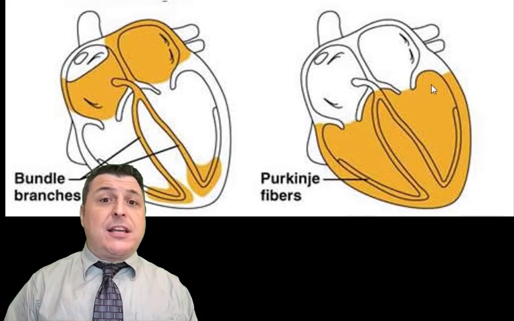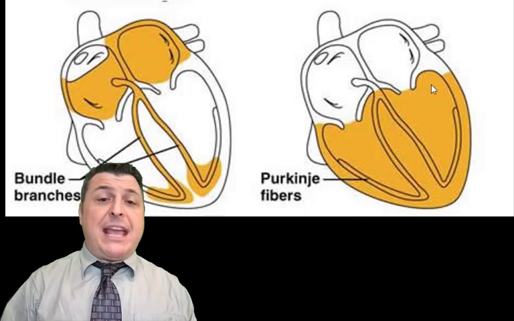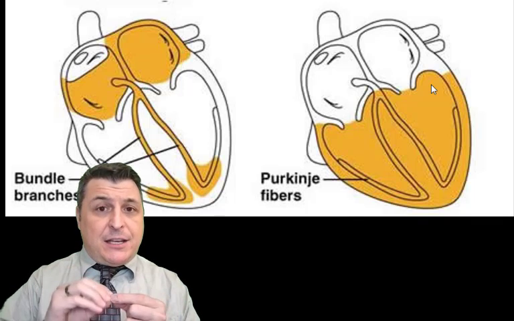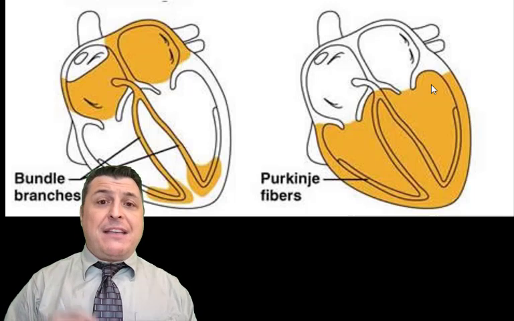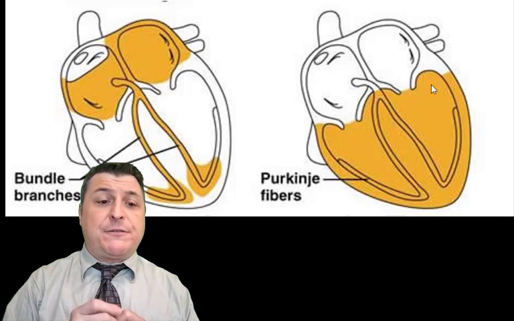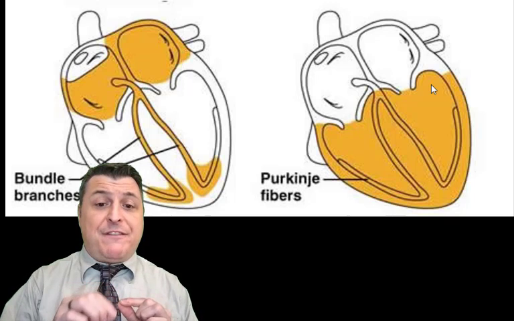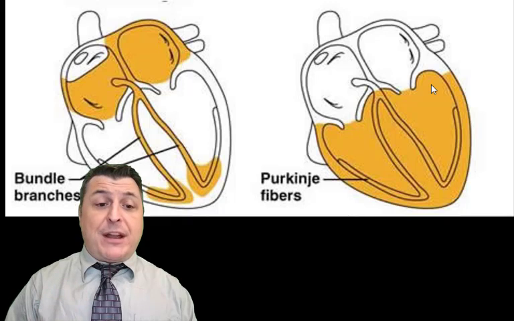The signal is going to be picked up at the base of the atria in another group of tissues, which is called the atrioventricular node, or the AV node. The signal then is going to be transferred to conductive tissues in the ventricle: the bundle branches, and then the Purkinje fibers.